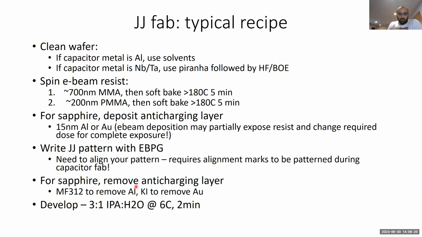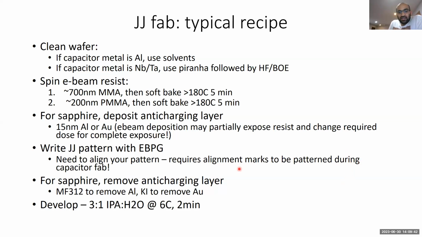with your EBPG. One thing is that because we already have an existing pattern on the wafer, we need to align our pattern with the existing pattern. And so this requires you to have alignment marks that you can see and align to in your EBPG, which you have to pattern during the capacitor fab.